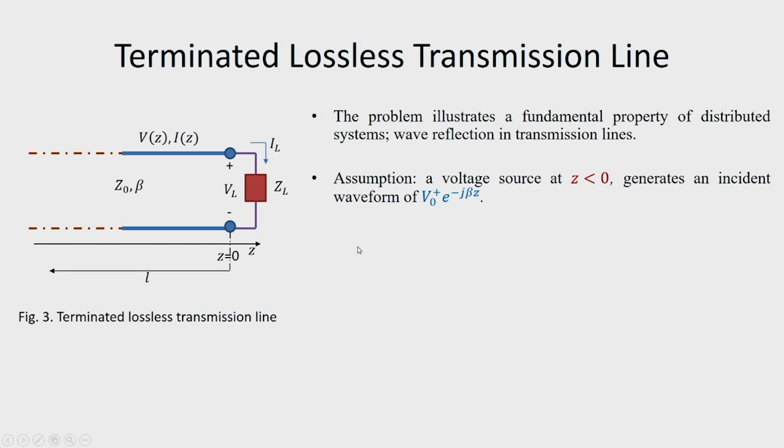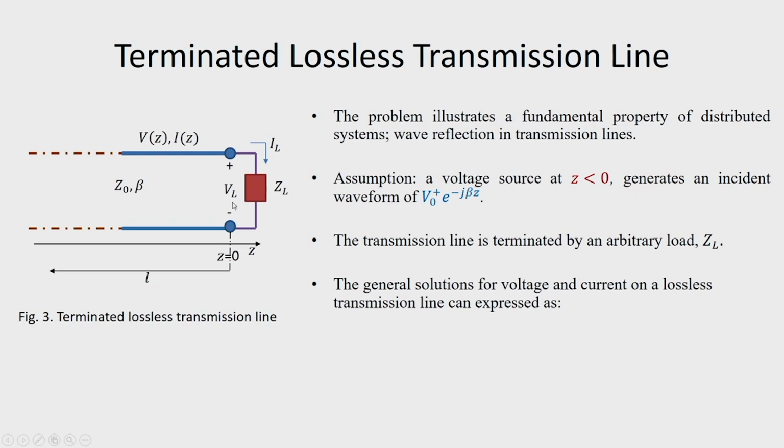So, this voltage, when it moves on this line, finally reaches the load, and it sees a difference in the impedance, and this results in a reflected wave which travels back towards the source. So, we have seen that the voltage and current on a transmission line can be written in the forms as shown.